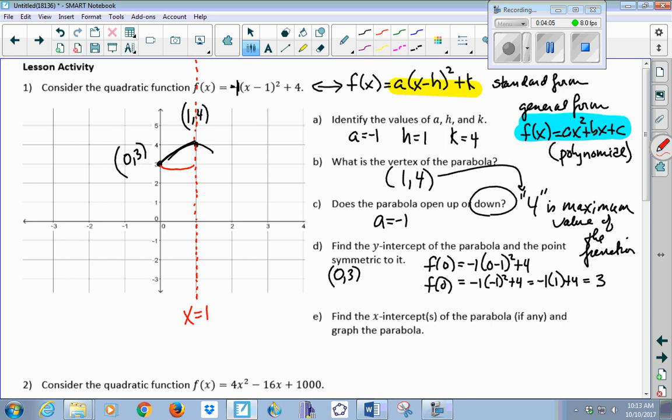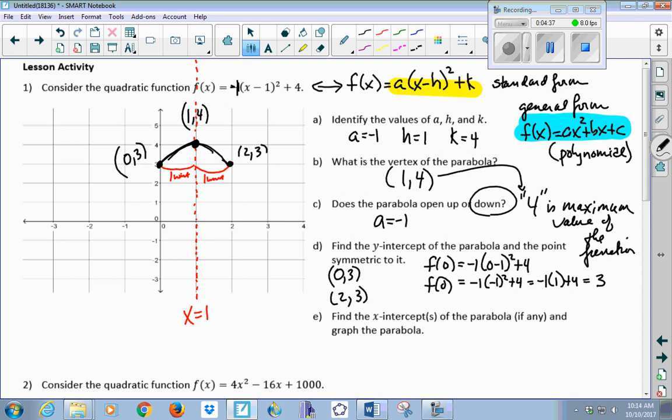It is 1 unit to the left of our vertex or our line of symmetry. So we know that 1 unit to the right, we will have a point symmetric at (2, 3). So we get that point for free. So we've got our vertex, our y-intercept, and the point symmetric to our y-intercept. That's kind of fun.